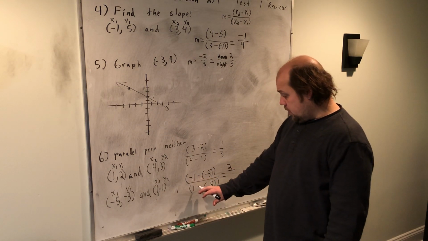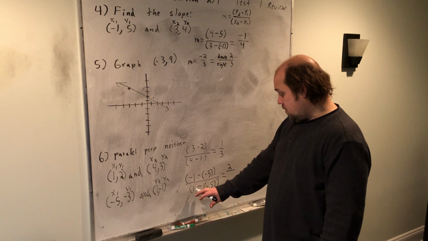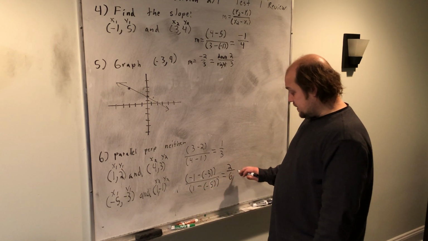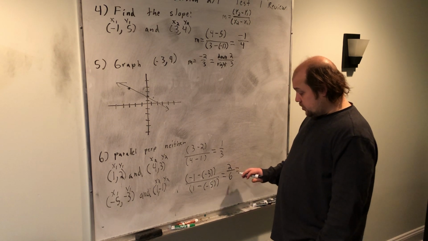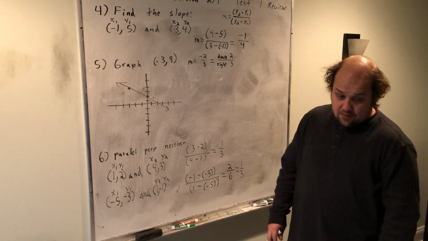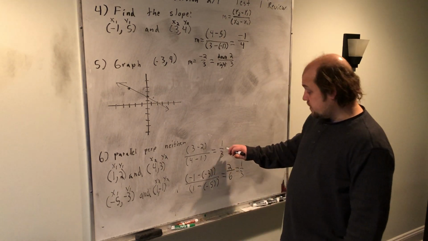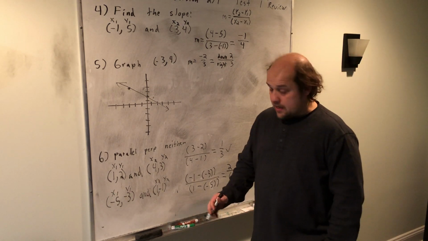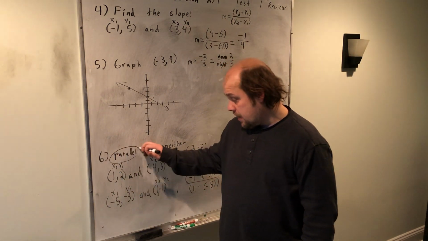On bottom, 1 minus a -5 is really 1 plus 5, that gives me a 6. I can reduce 2 over 6 to 1 over 3. So in the end, I get the same slope. 1/3 equals 1/3. That's why I select parallel.